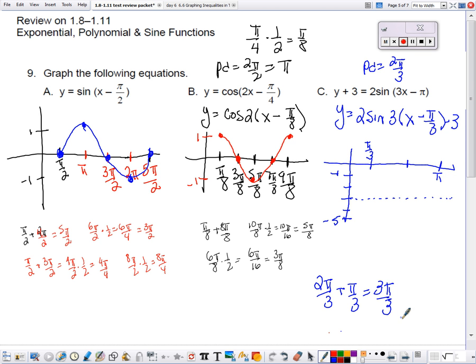And I need the halfway mark. So to find halfway, pi/3 plus pi times 1/2 is 4 pi/6, which reduces to 2 pi/3. And I need the halfway again for each one.